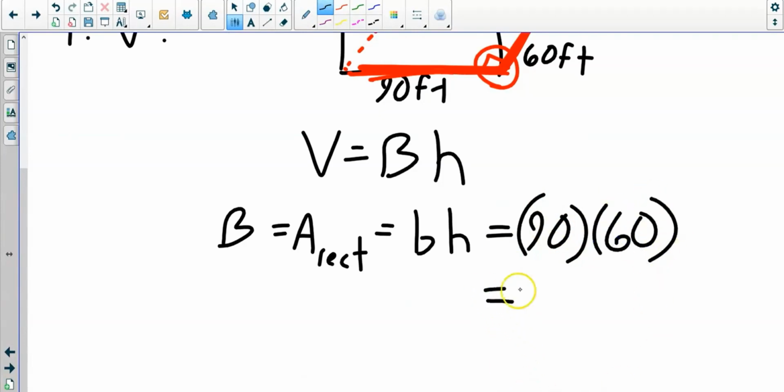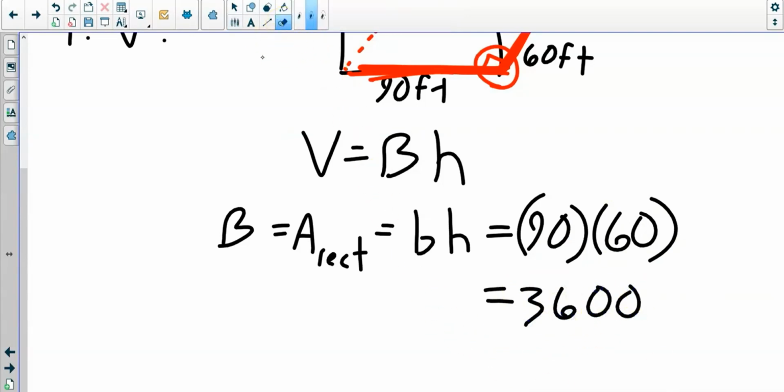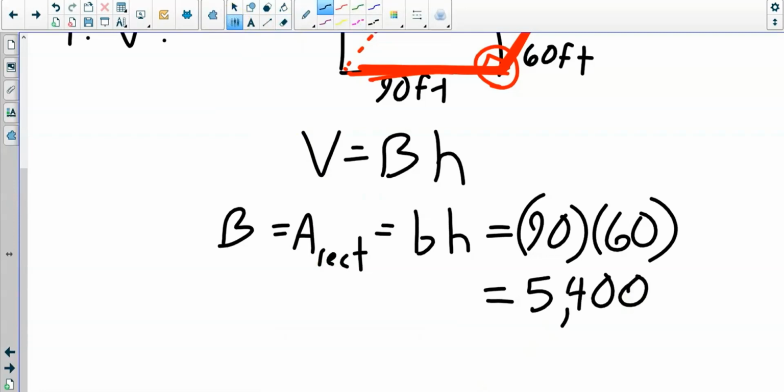And that gives you 3,600. No, excuse me. God, it's been a long day doing math. It gives you 5,400. That's the area of the base. So we take this and we plug it in up here.